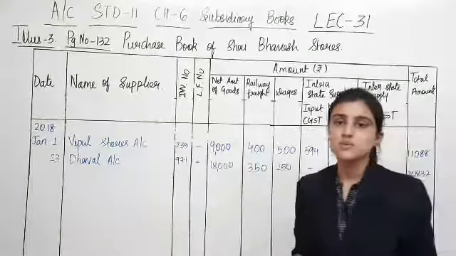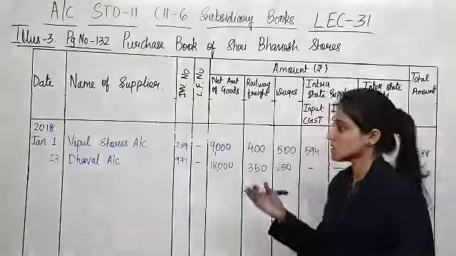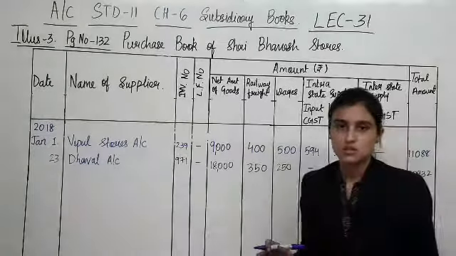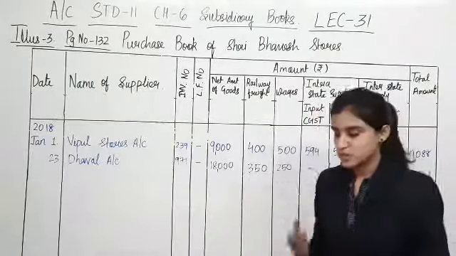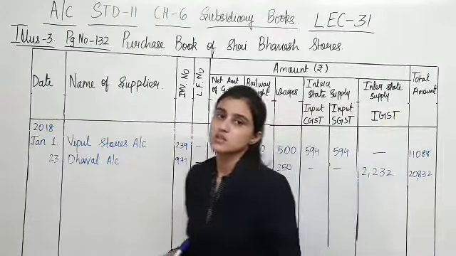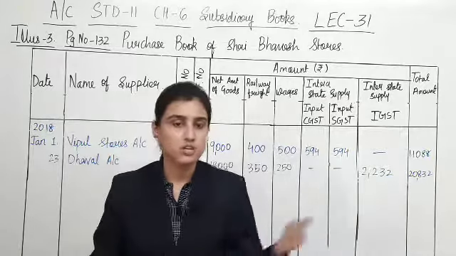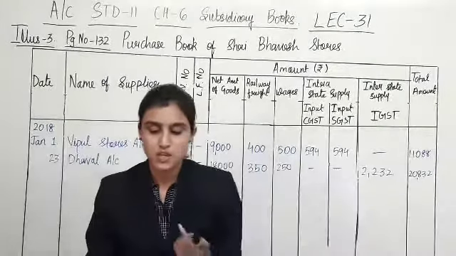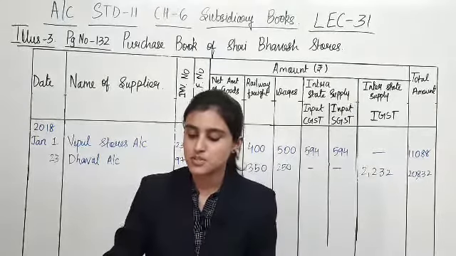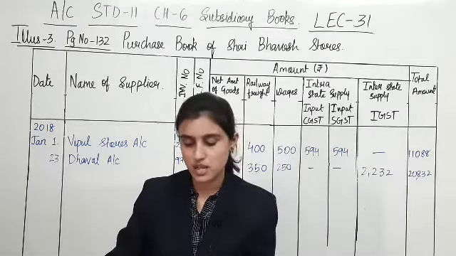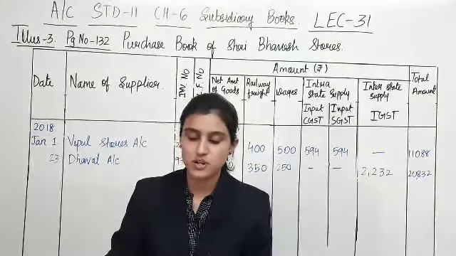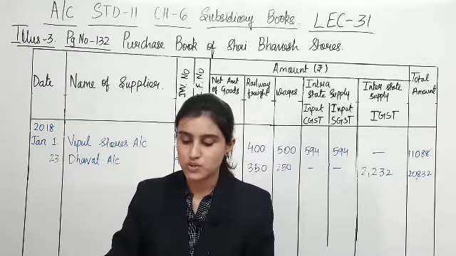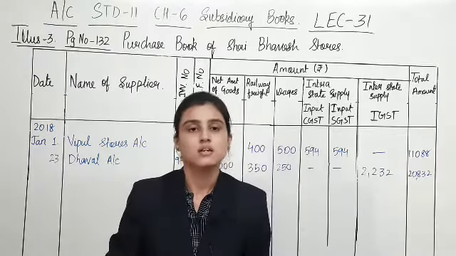The purchase of an asset is not recorded in subsidiary books of goods. Purchase of an asset is recorded in journal proper, so this transaction cannot be recorded in this book. So it is purchase of an asset on credit and not of goods, hence will be recorded in journal proper, and wages paid will be recorded in cash book.